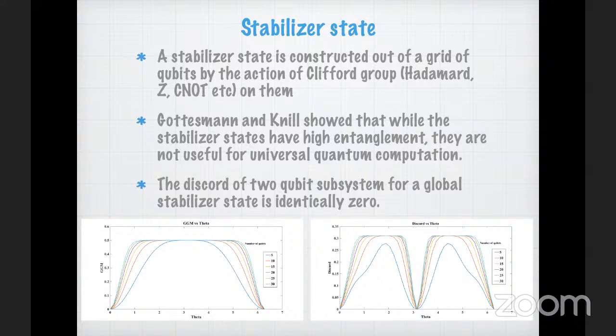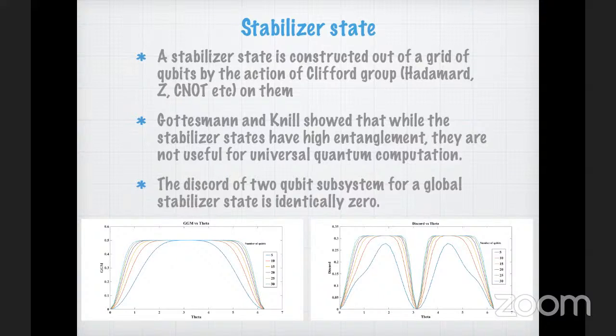And Gottesman and Knill had already shown that even if these stabilizer states have a high degree of entanglement, as shown by the high GGM, they are not really useful for universal quantum computation, and you can simulate them classically. And that is precisely reflected in the discord of the 2-qubit subsystem, in that for that state, in this continuous set of states, the discord of the subsystem drops to 0.